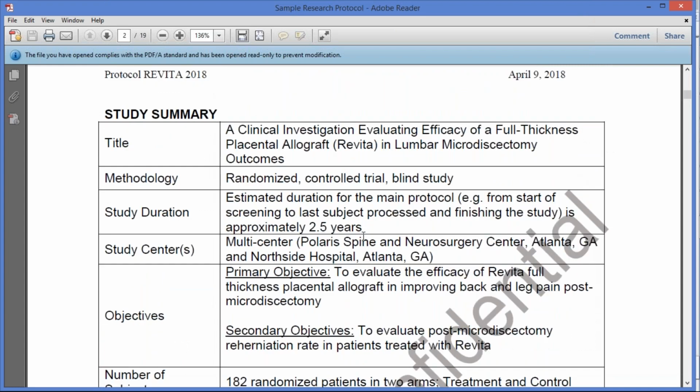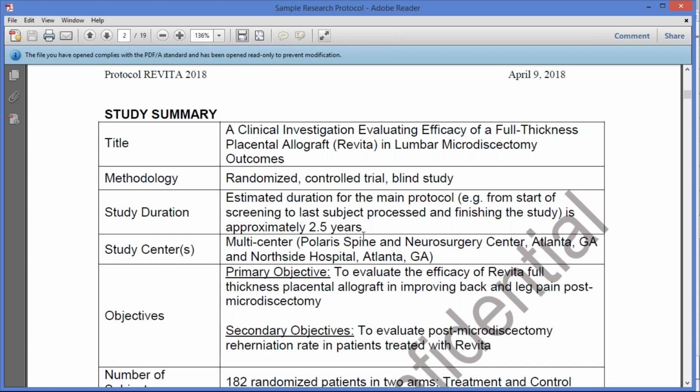You can see the summary. So if you go to the summary, you will understand almost half of the protocol. If you simply go through the synopsis of the protocol, you'll be able to understand 50 to 60% of the study protocol.